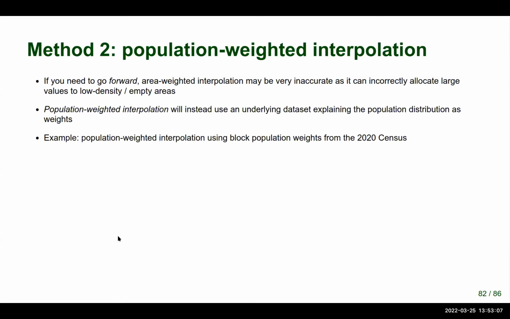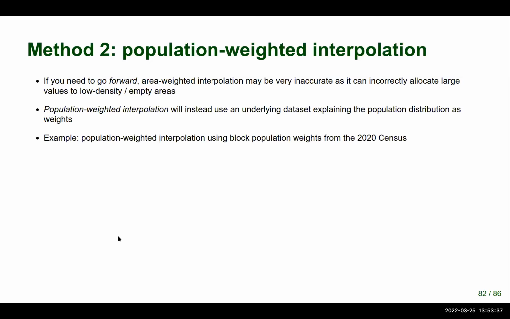I'm going to show you how to do this for population-weighted interpolation that uses block population weights from the 2020 census. We call this block centroid weighted allocation. If any of you have ever used Esri's Business Analyst software, this is the method they use. If you draw, say, a buffer zone or a travel time area, you can compute in Esri's Business Analyst the estimated number of people within that irregular shape.